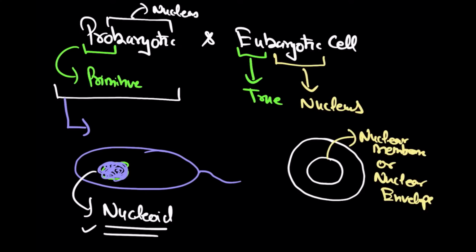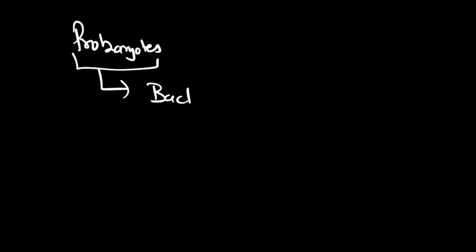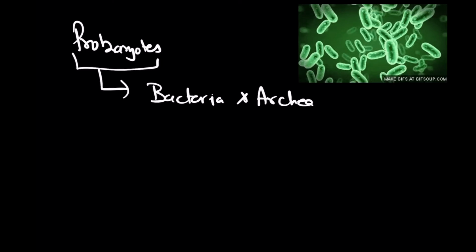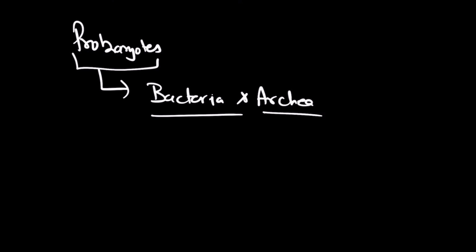Now I just want to tell you the examples of prokaryotic cell. Examples of prokaryotes are bacteria and archaea. Keep in mind, bacteria and archaea are examples of prokaryotic cell.